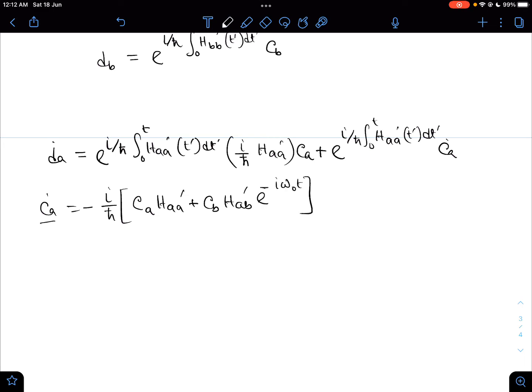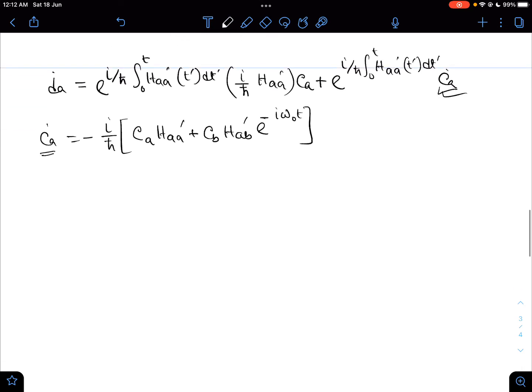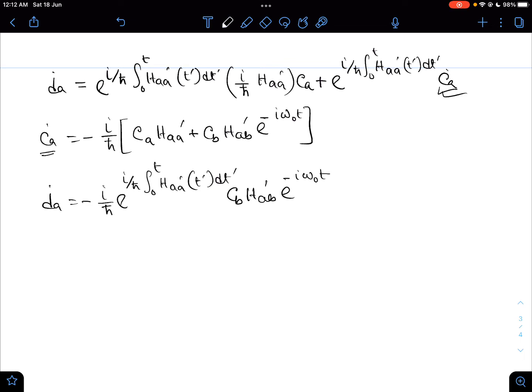If we plug this in here, we will get d_A dot to be minus i/ħ and so on.